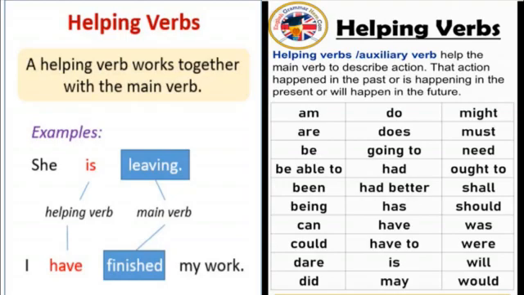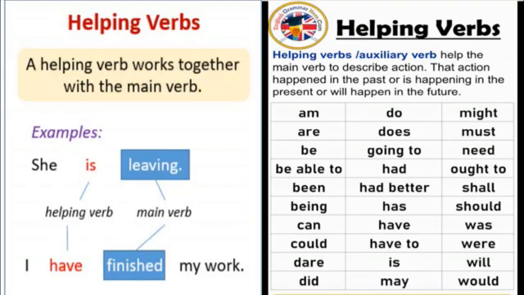Okay? And before leaving, what is the word? Is. Is here is the helping verb. Do you understand? Now in a sentence like this, she is leaving. Remember the action is leaving. And before the action comes the helping verb. And here the helping verb is.